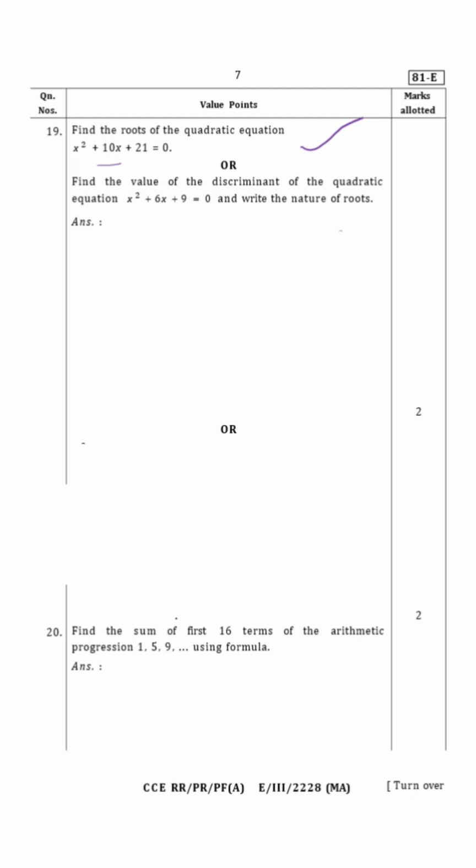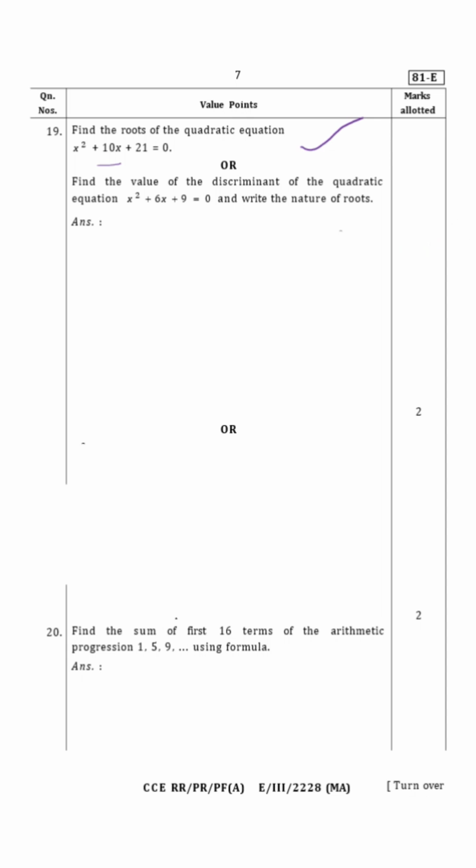So now we can factorize like this. Split the middle term: x square plus 7x plus 3x plus 21 is equal to 0.